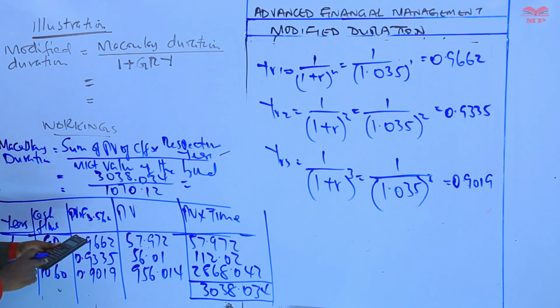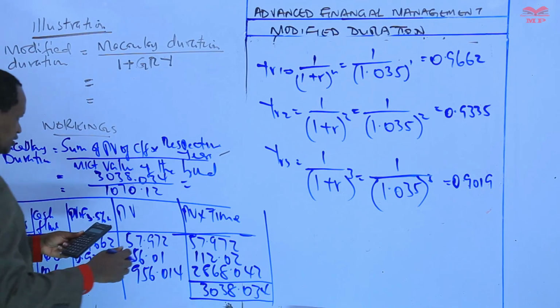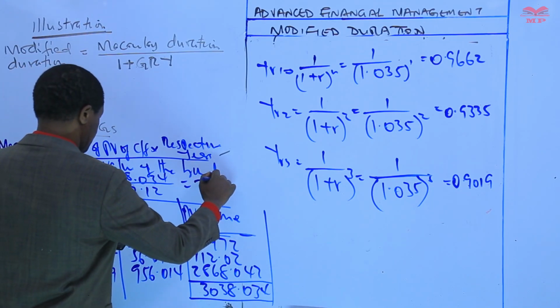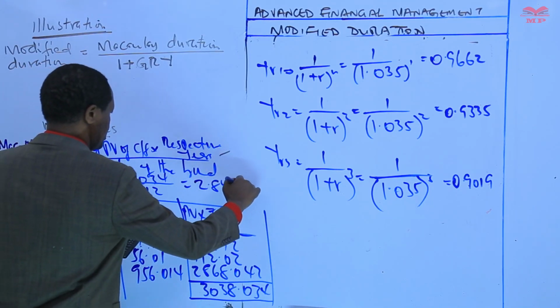So what is the Macaulay duration? Macaulay duration will be equal to that value divided by 1070.12. I am getting here 2.84 years.